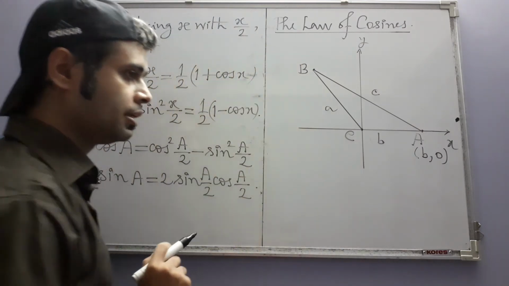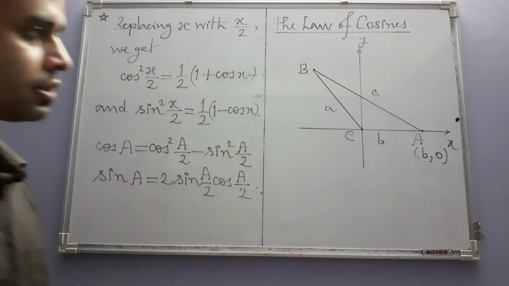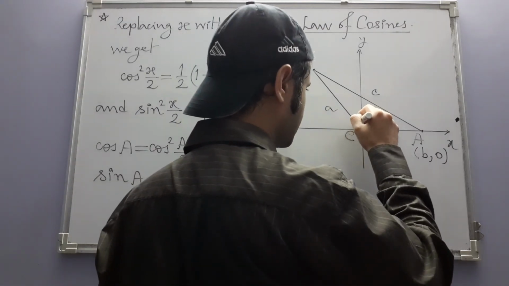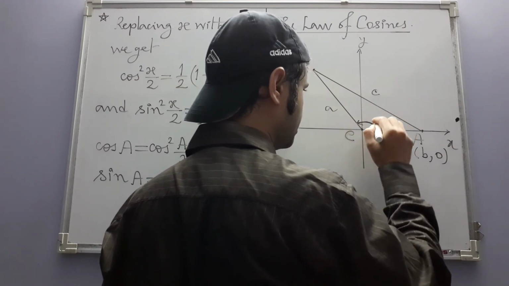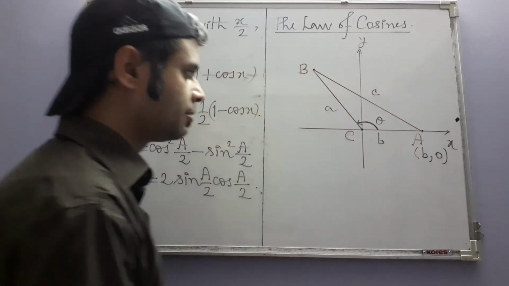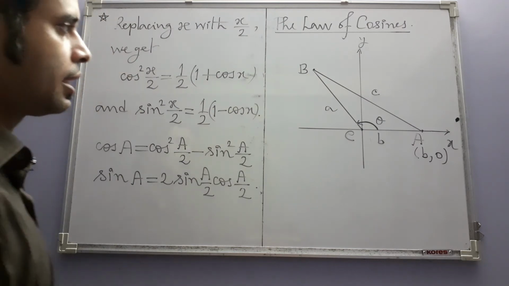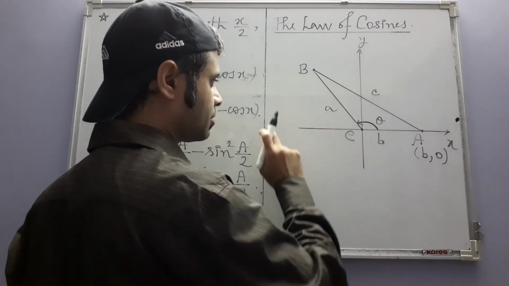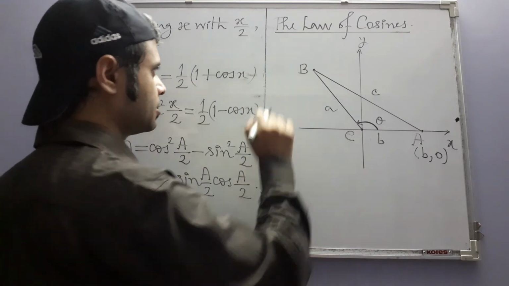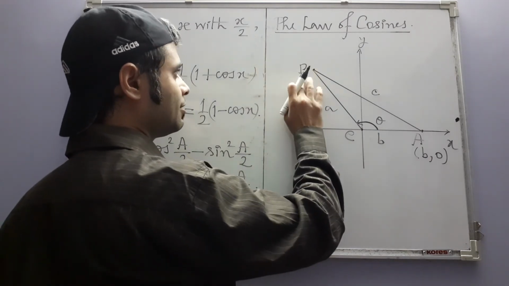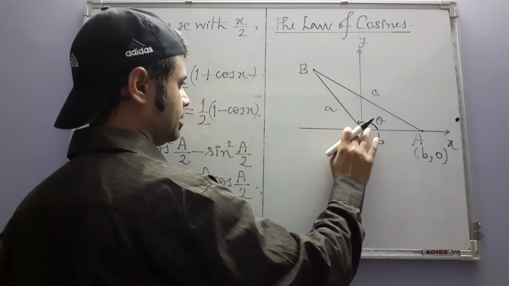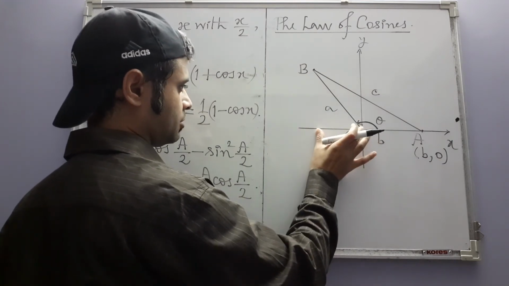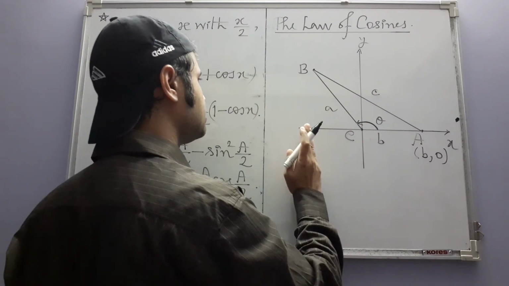Oh, one more thing is that this angle of course has to be also taken, otherwise how can we have cosine? This angle is say theta radian. Then according to the definition of cos and sine functions, the x coordinate of B is a cos theta, and that is this a cos theta, this much, and the y coordinate is a sin theta.